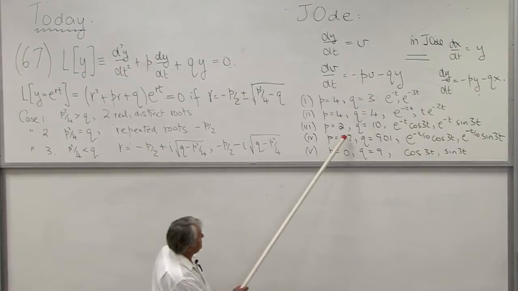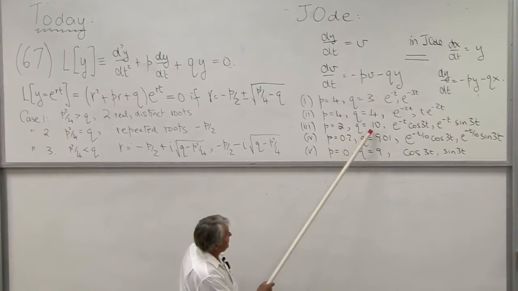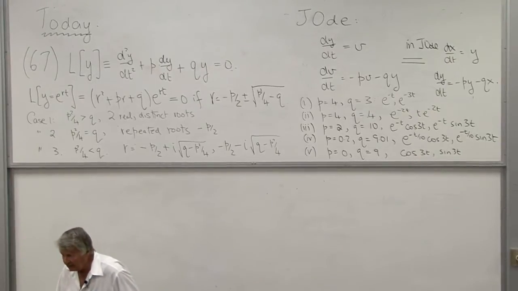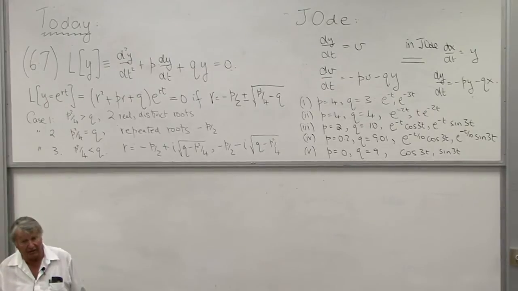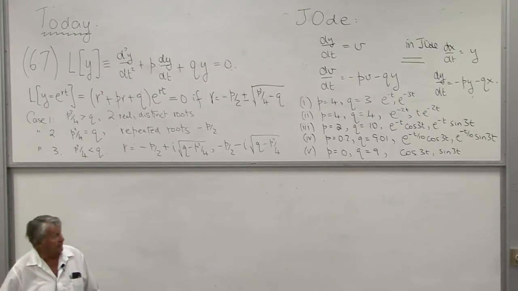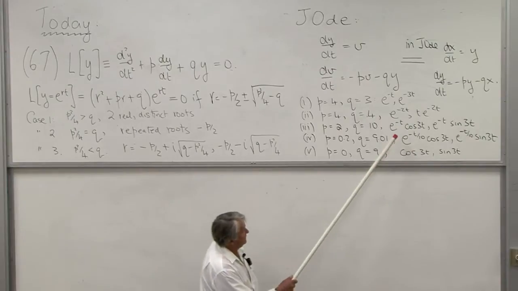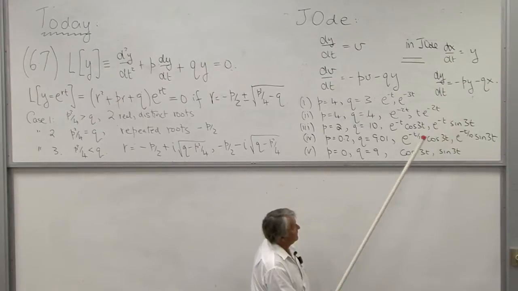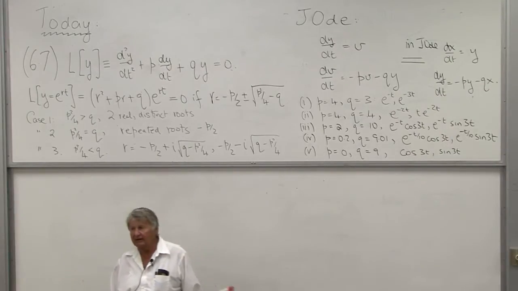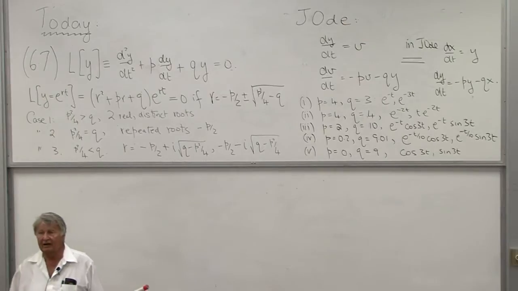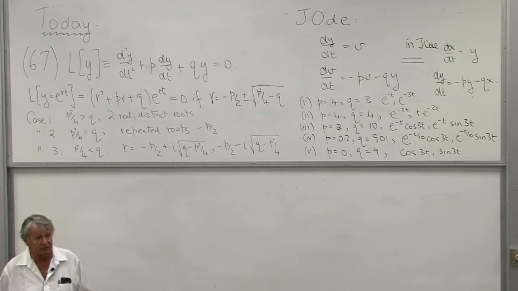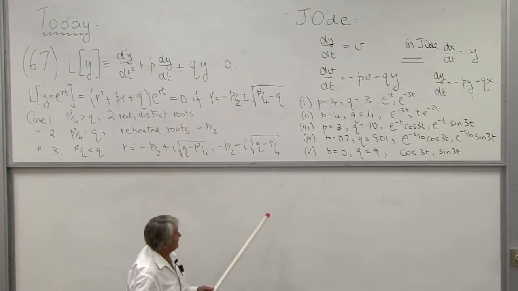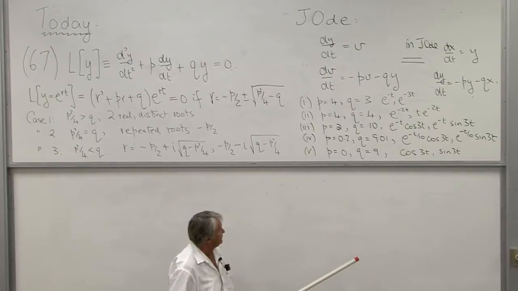For instance, when p is 2 and q is 10, the roots are -1 plus 3i and -1 minus 3i. Taking the right linear combinations gives us the two solutions, e to the minus t cos 3t and e to the minus t sine 3t. A linear combination of those allows you to satisfy any initial conditions, at any point, because here p and q are constants and therefore continuous everywhere.